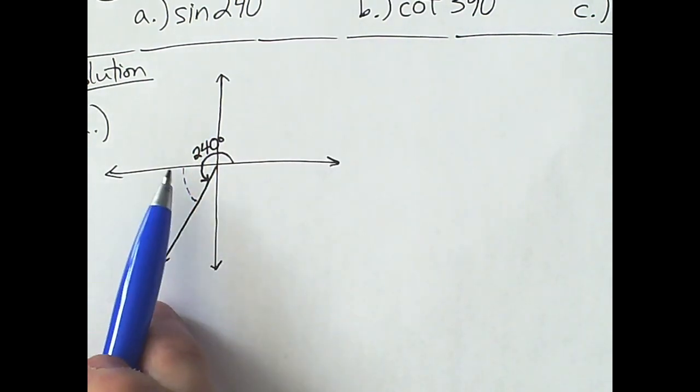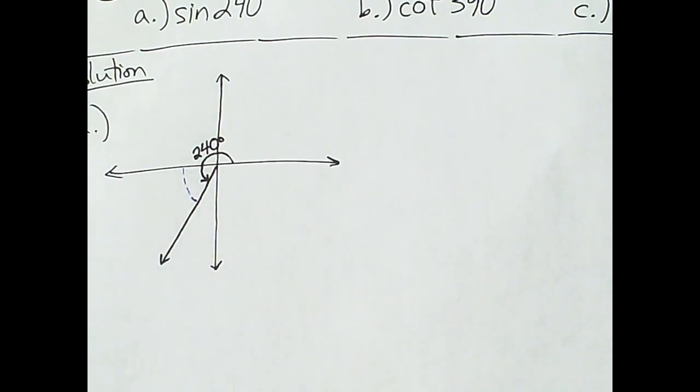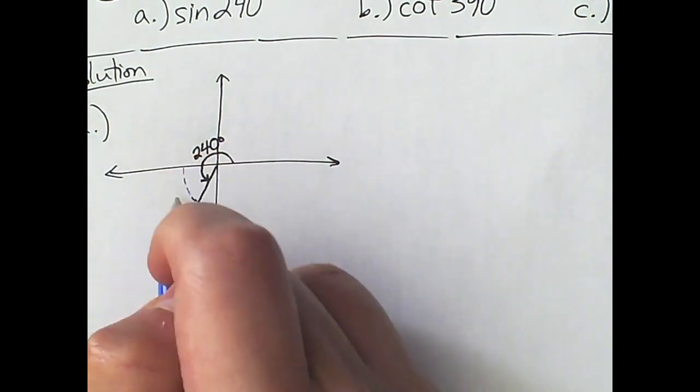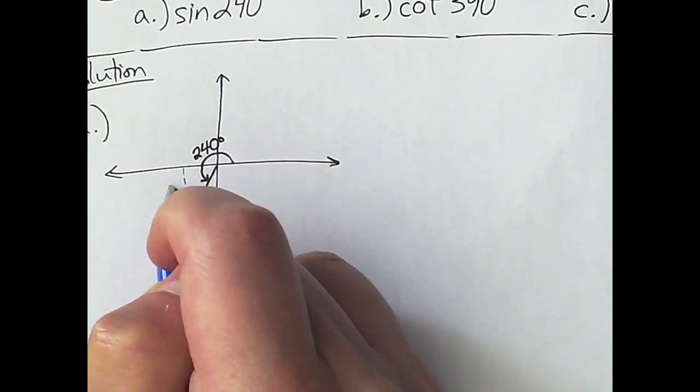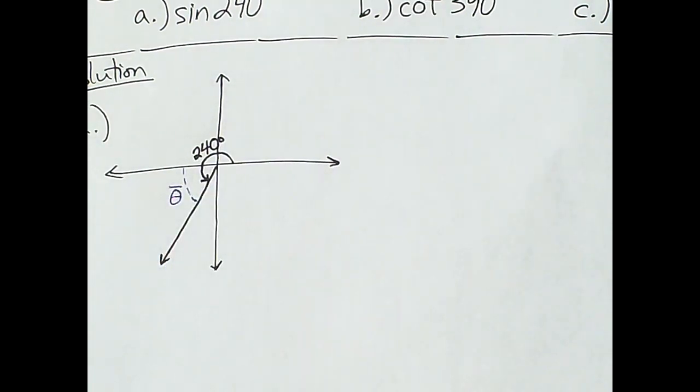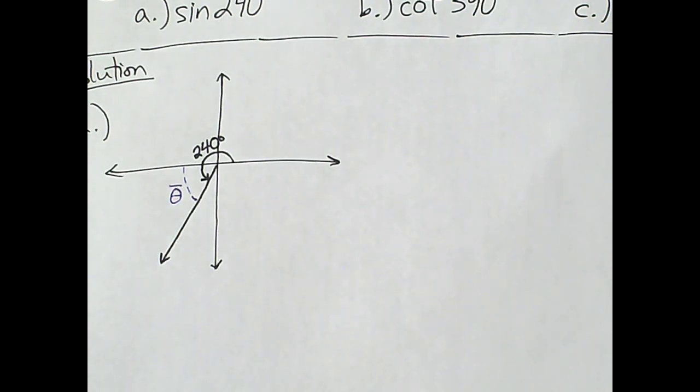What is this angle here? How big is this angle? That's right, this is theta bar. It is an acute angle, right? Theta bar looks like it's less than 90 degrees.